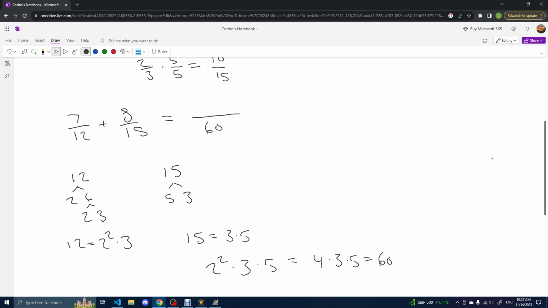And now what we have to do is we multiply by whatever they're missing. So over here we're missing a 5, and over here we're missing a 4, sorry. And so we can go ahead and multiply 7 by 5. And we can go ahead and multiply 8 by 4.